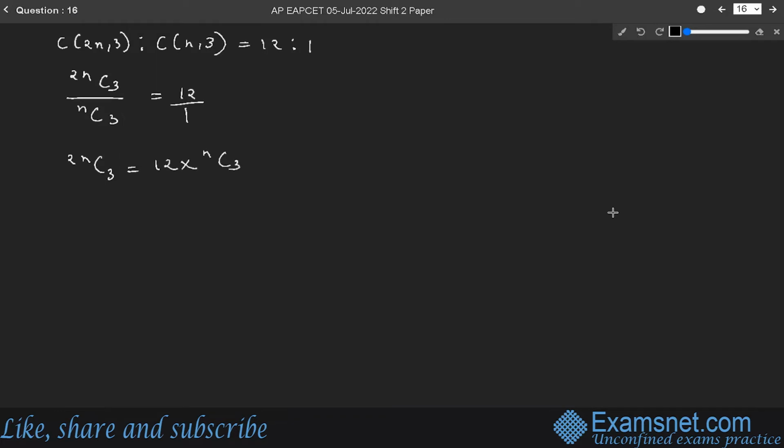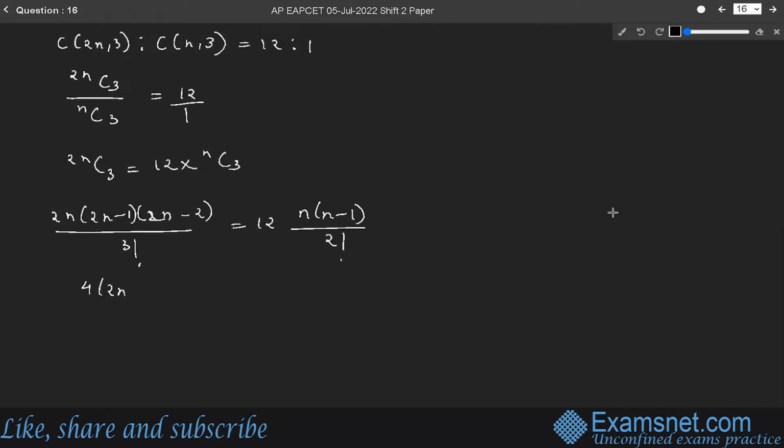Now, on further simplifying, it will be (2n minus 1) into (2n minus 2) divided by 3 factorial. It is equal to 12 into (n minus 1) divided by 2 factorial. On further solving, it will be 4 into (2n minus 1) divided by 6 is equal to 12 upon 2.